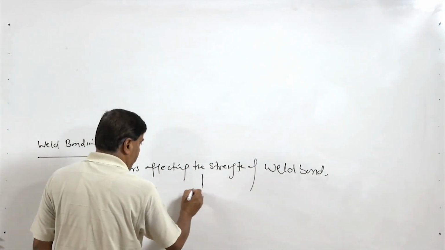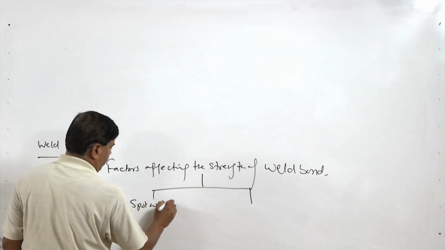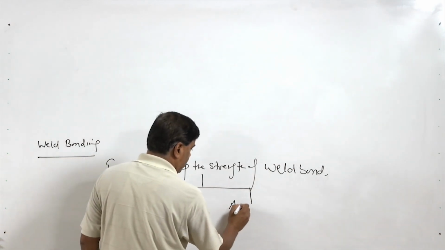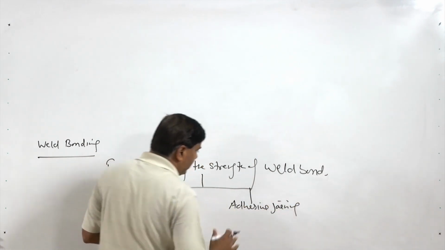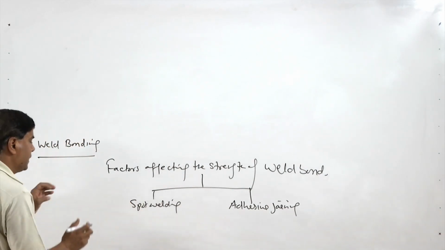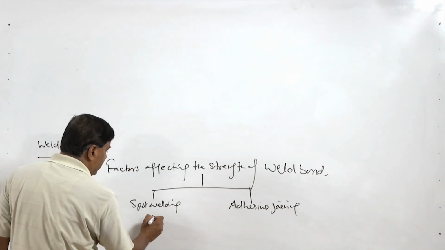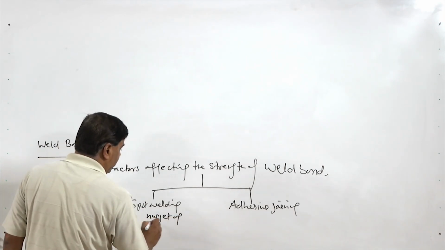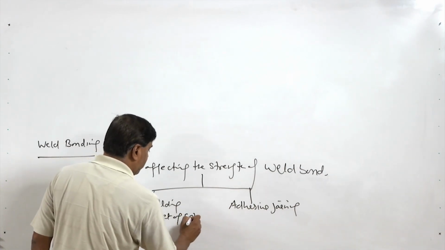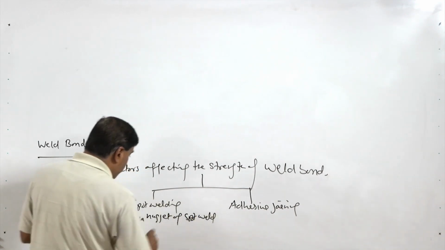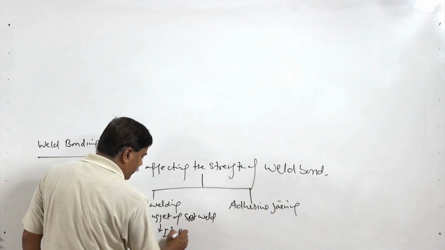There are two processes. One is spot welding and another is adhesive joining. So, accordingly there will be factors associated with both processes. Strength of the spot weld is affected basically by the nugget area of the spot weld, which in turn is governed by the heat being generated, which is I square RT.